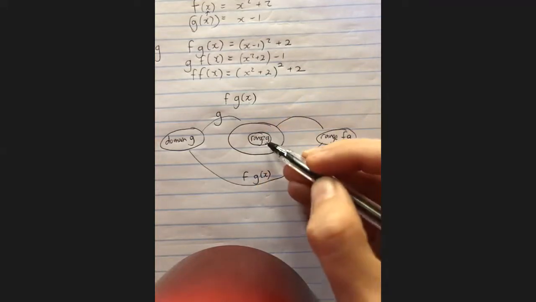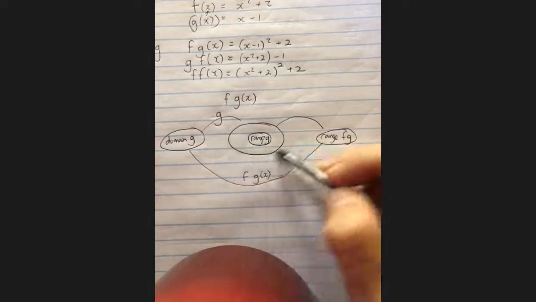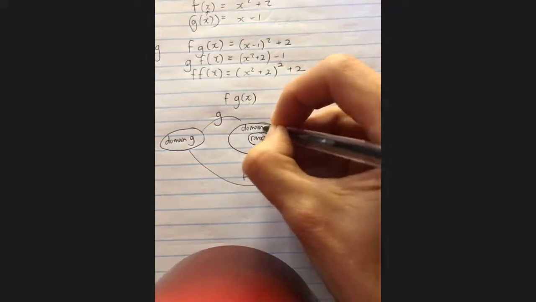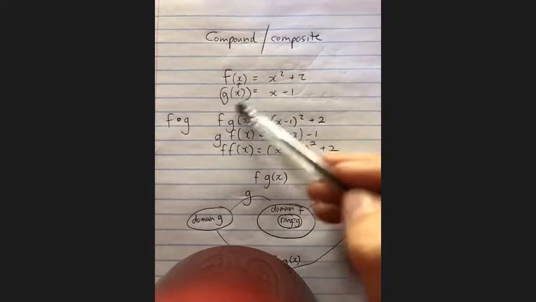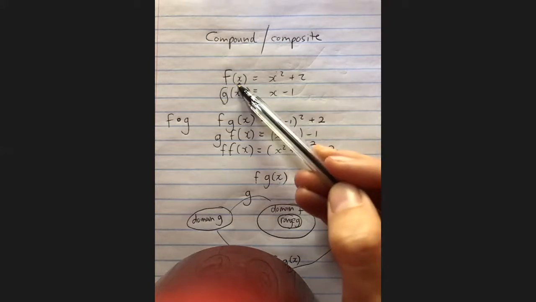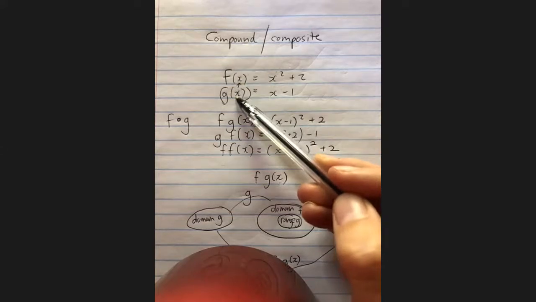But then just remember, this range of g needs to be contained within the domain of f. And that's what I originally tried to explain to you here. The g of x, the y part of g, the range of g, is going into the x of f of x. So this x better be ready to receive the y's.